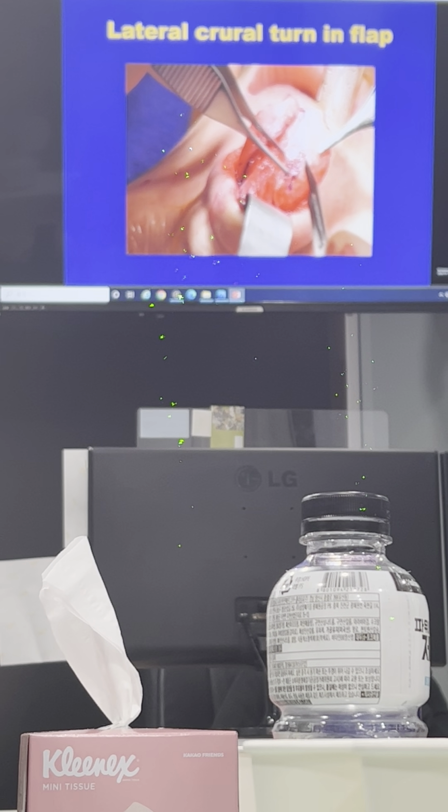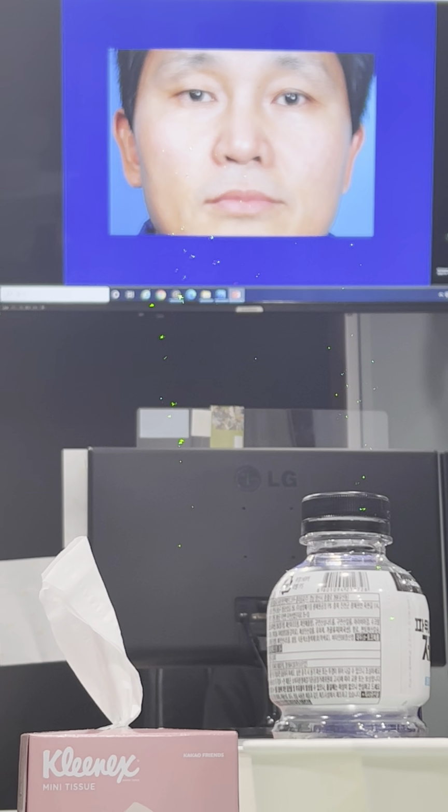Okay. So this area goes down. Folding means down. Yes. Sliding means up. Just sliding in, so a little dissection, sliding in and suture. After that, we can control the lower lateral cartilage. It's not difficult, and it's very effective.